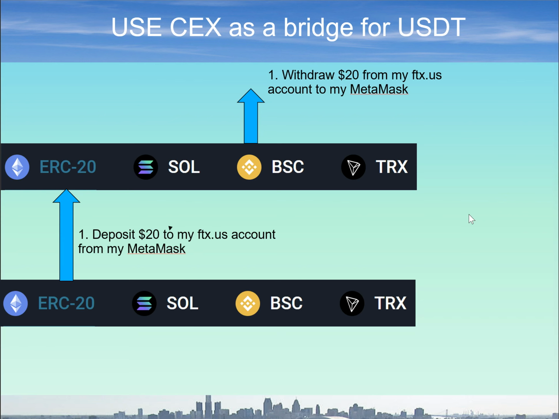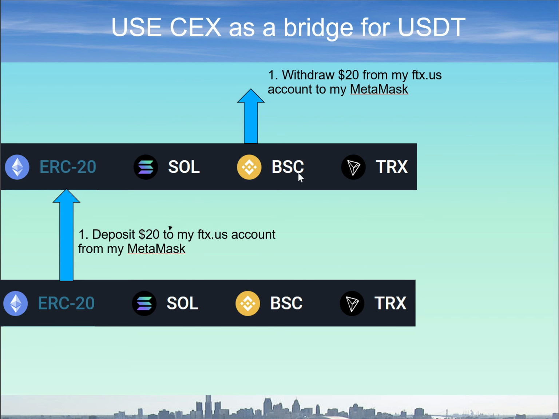Let's talk about centralized bridge first, where you are going to use a centralized exchange such as FTX.us. So, for example, you have four blockchains over here: Ethereum, Solana, Binance Smart Chain, and TRX, and you're going to send tokens from Ethereum to BSC.